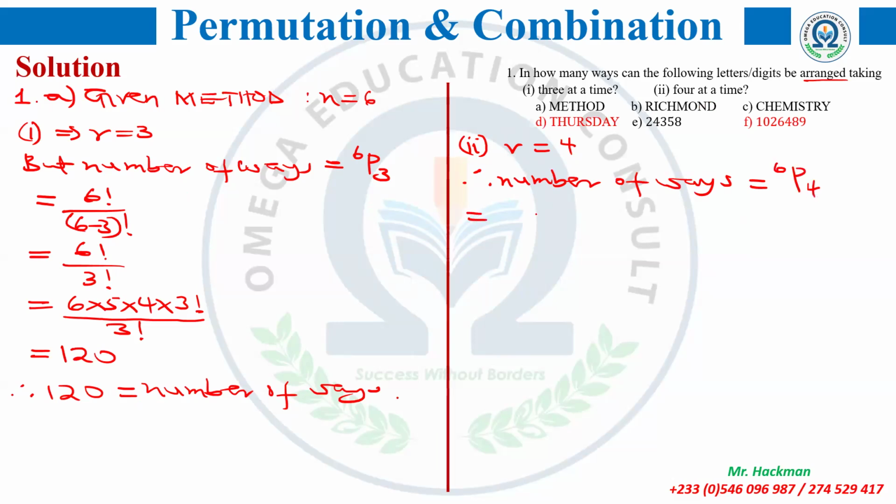Which will be equal to 6 factorial over 6 minus 4 factorial. So that gives us 6 factorial over 2 factorial, which in effect will give us 6 times 5 times 4 times 3 times 2 factorial all over 2 factorial.